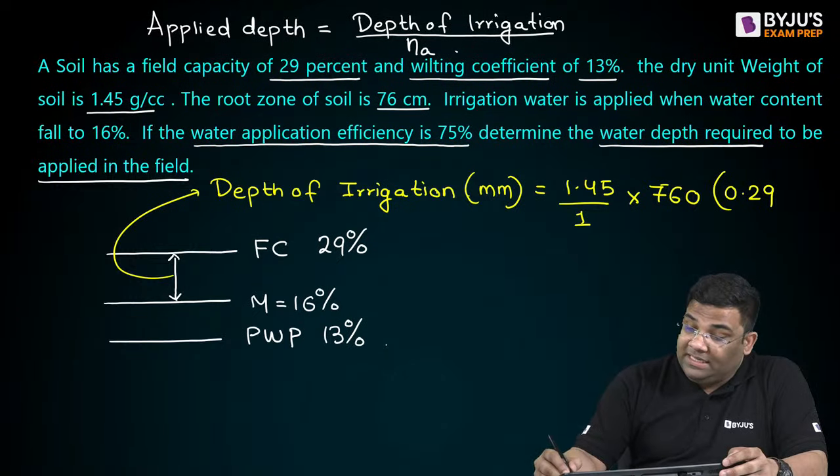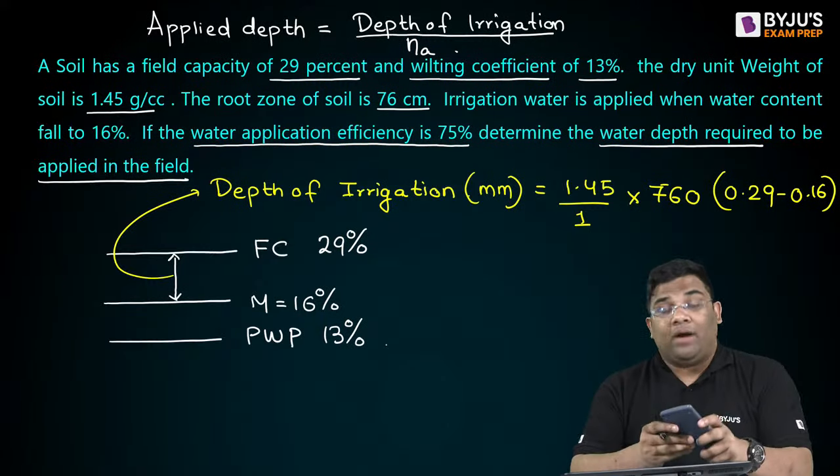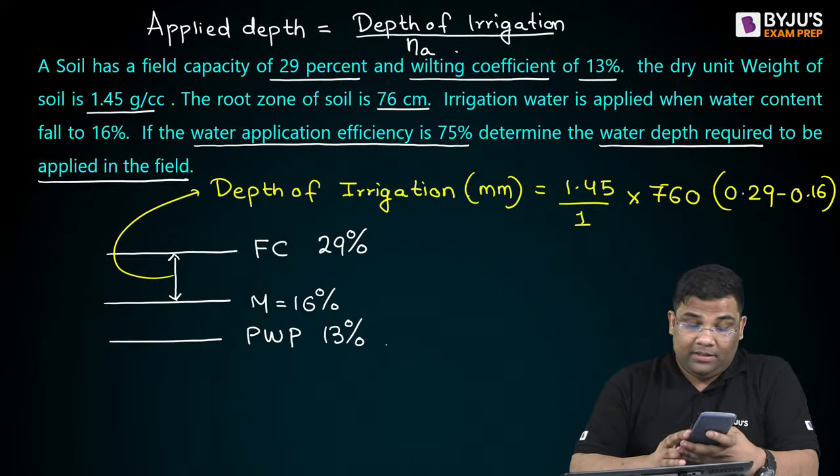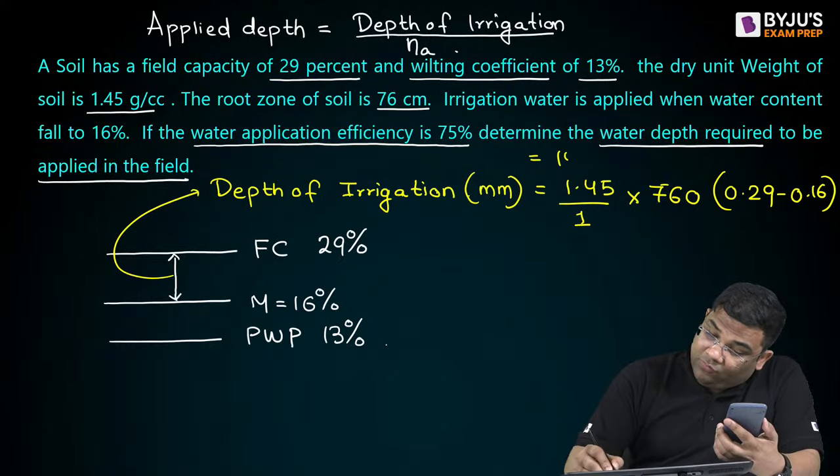This is the field capacity and the moisture content is 0.16. So when you find the depth of irrigation, you will get a value of 143.26 mm.